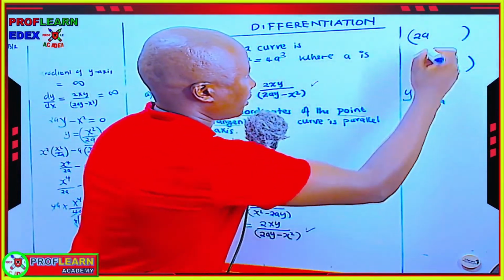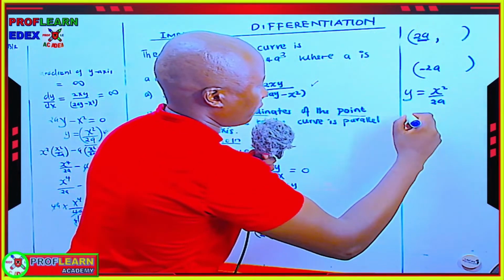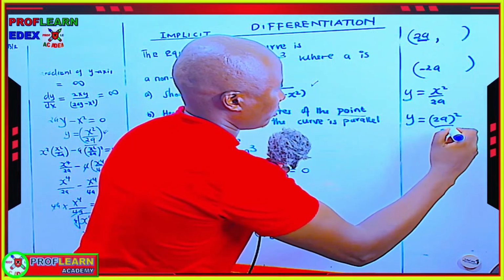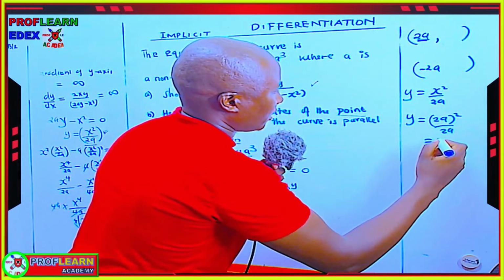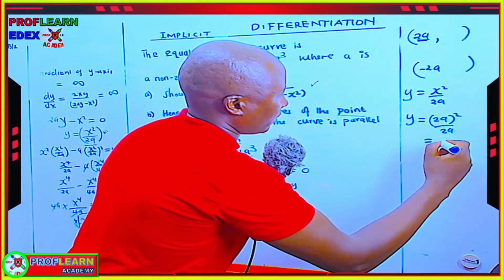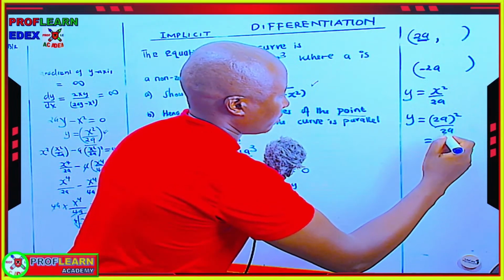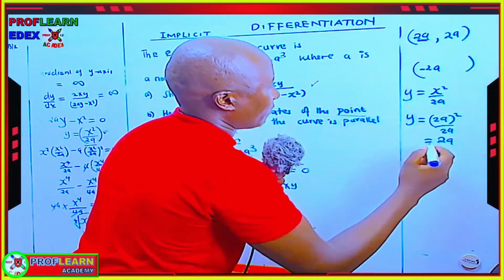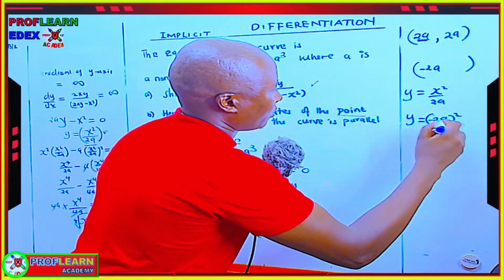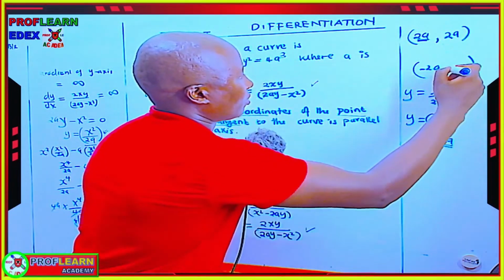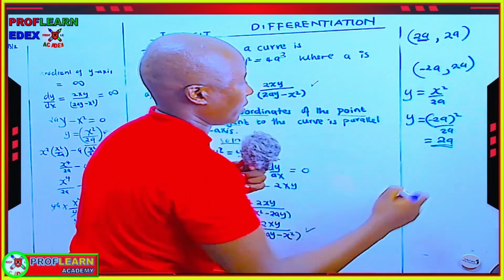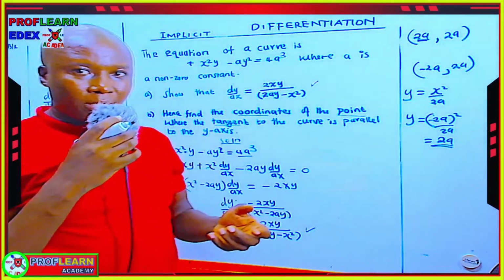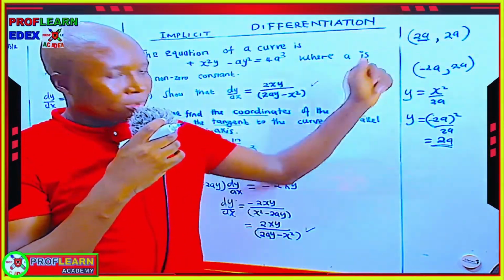So substituting the first one here, we have y equal to a squared over 2a, basically this is going to 4 divided by a squared. Substitute here negative also, so these are the coordinates where the tangent is parallel to the y-axis.